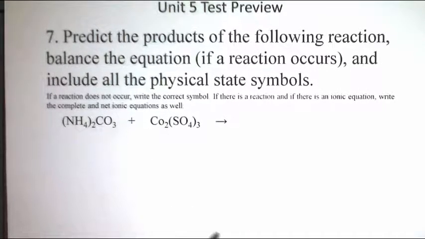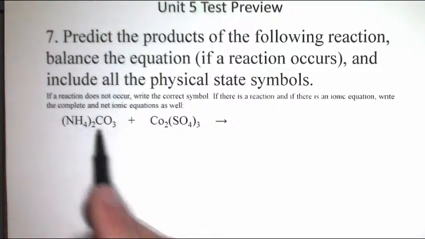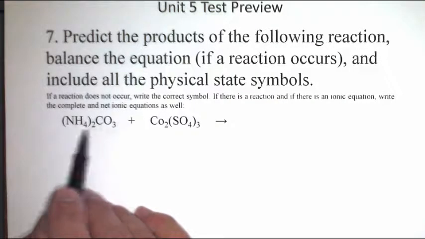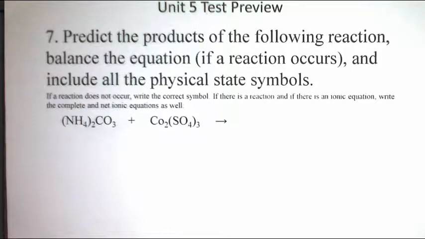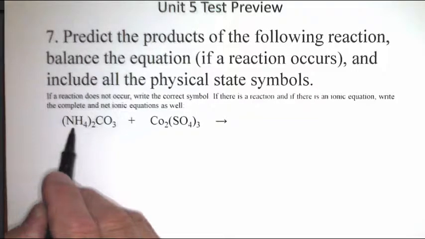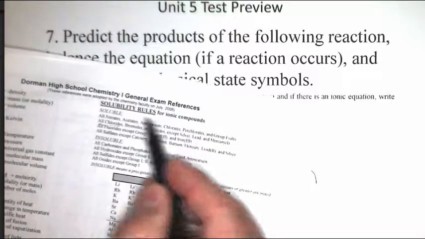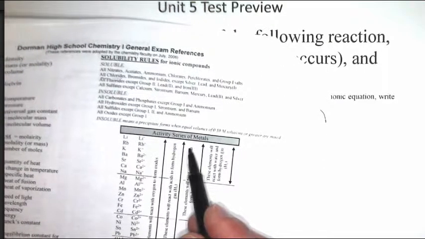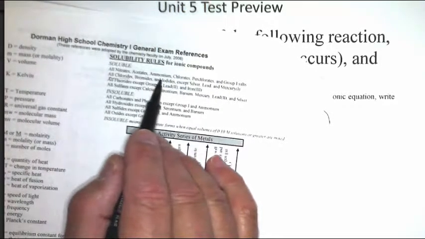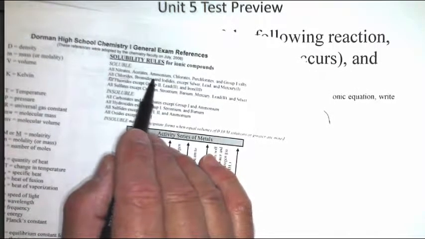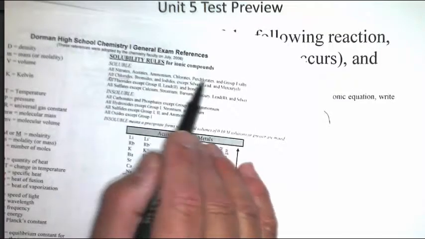So for this first one, we've got ammonium carbonate. Okay, so I can look for either ammonium or carbonate on the solubility rules to figure out the physical states. Well, ammonium's listed in the very first solubility rule, and it says that ammoniums are always soluble. There's no exceptions over here.